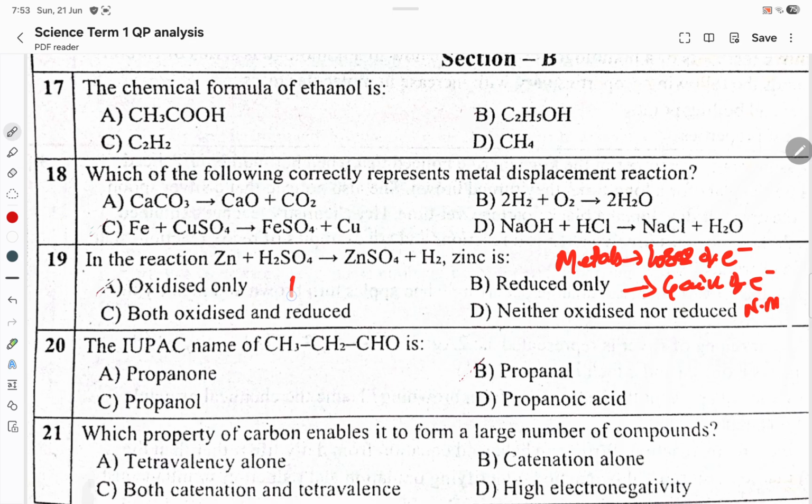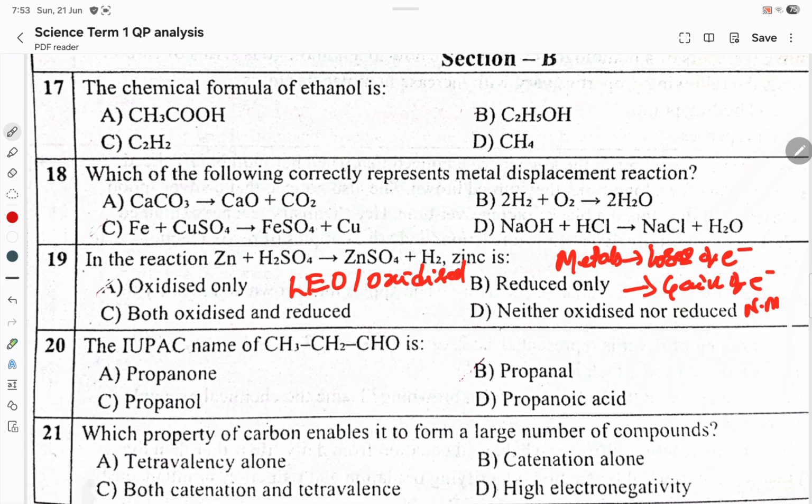If any atom loses its valence electrons, it undergoes oxidation, or we can say it is oxidized.